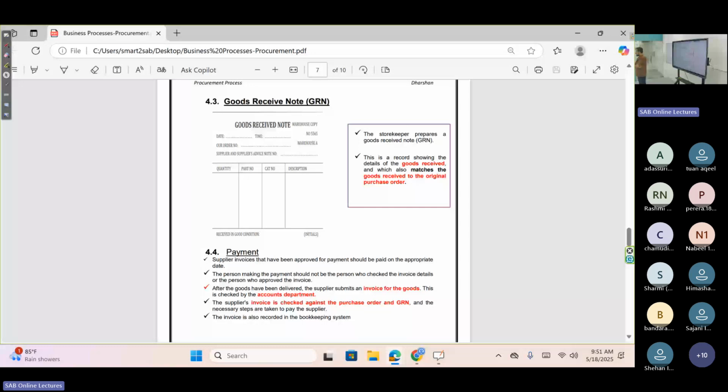Okay, so order, received, paid. These three things must be matched. In order to match these three things, we are using three documents: in the sales process, sales order, delivery note, invoice. Likewise, here also, three-way matching: what we ordered, PO.